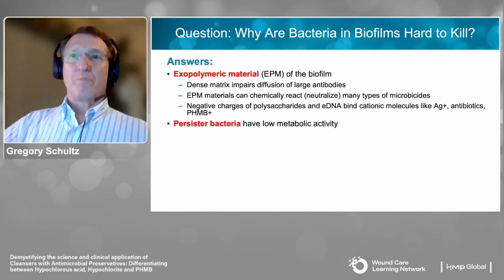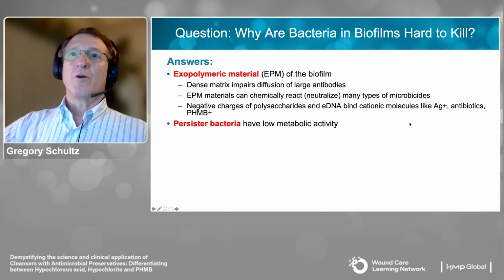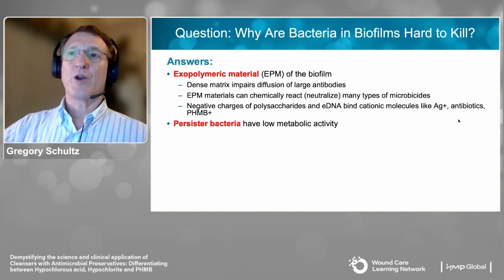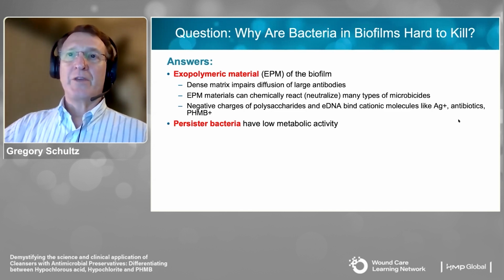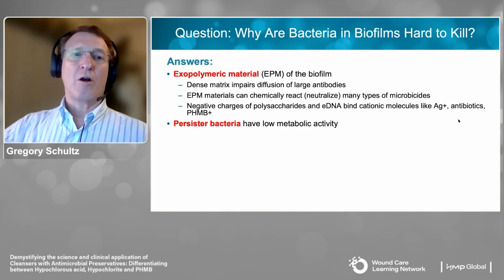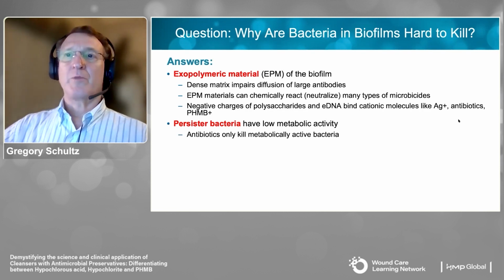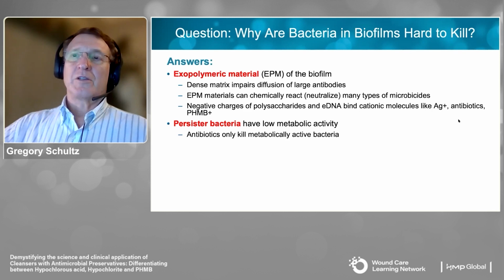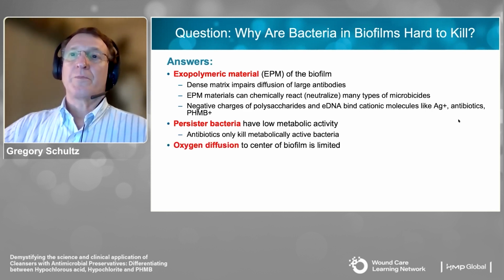A critical piece of information, though, is understanding that many of the bacteria in mature biofilms, as I'll show you, have very low metabolic activity. These persister bacteria are highly tolerant to antibiotics because antibiotics only kill metabolically active bacteria by interfering with essential bacterial protein systems like protein synthesis, DNA synthesis, or transport proteins.